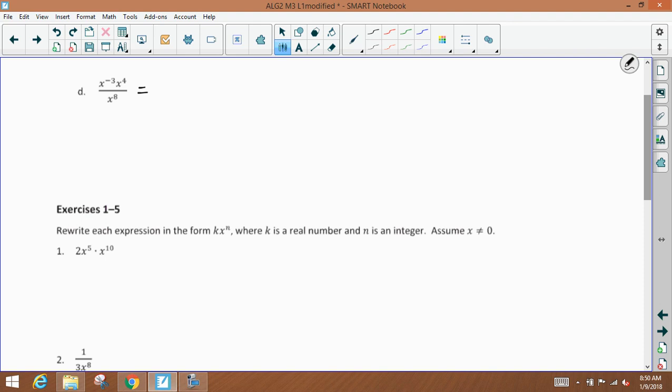When we have some sort of a rational expression like this, if I have some operation that I can do in my numerator or in my denominator, I need to do that operation first.